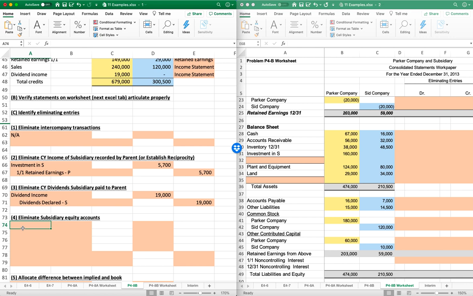Moving on to our elimination of the subsidiary equity accounts. Again, I'm going to do the account names and then talk through what the numbers are. So we know we need to credit investment in S to eliminate that asset account. We need to debit the subsidiary's equity accounts, common stock of S, other contributed capital of S, and remember 1/1 retained earnings of S. Anytime we own less than 100%, we're also going to create a non-controlling interest.